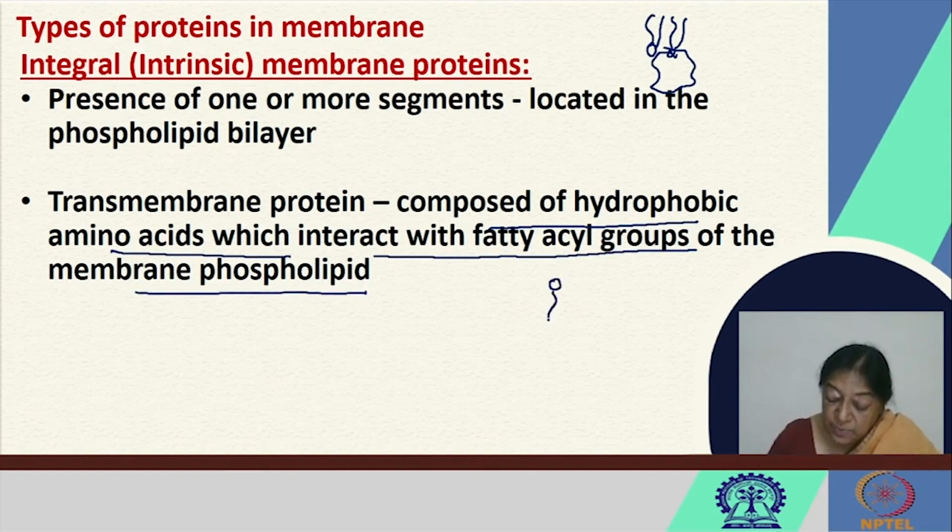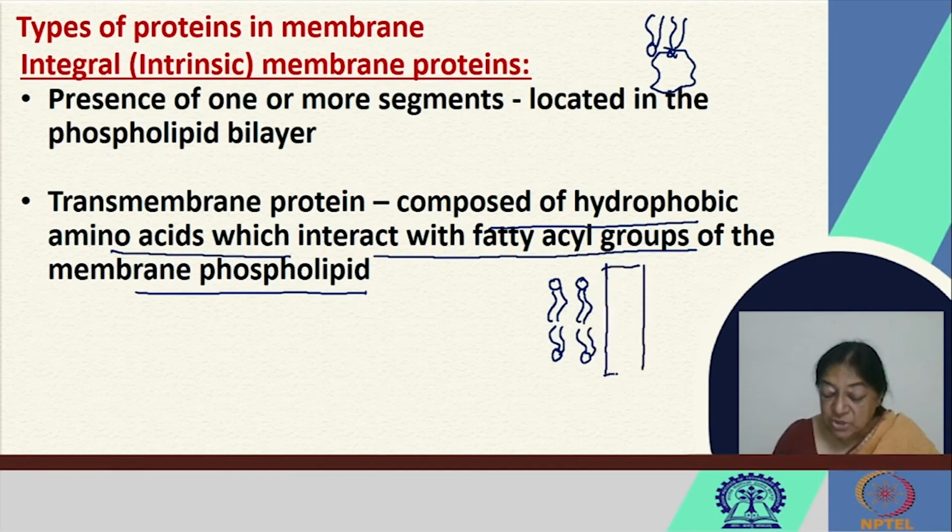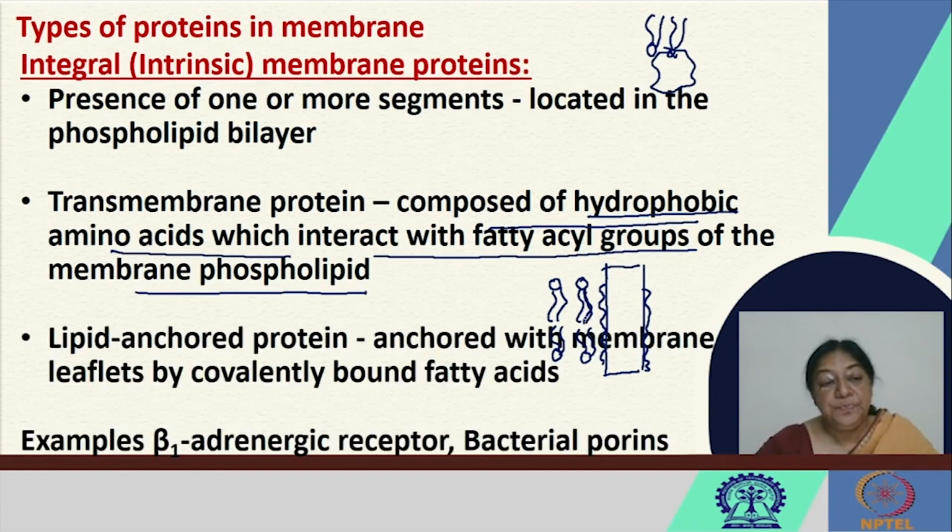This means that when we have our lipid bilayer, with the polar head group, and we have a transmembrane protein that traverses the membrane thickness, then the residues on the surface at this point or at this point would have to be hydrophobic amino acid residues because the tails are hydrophobic in nature.